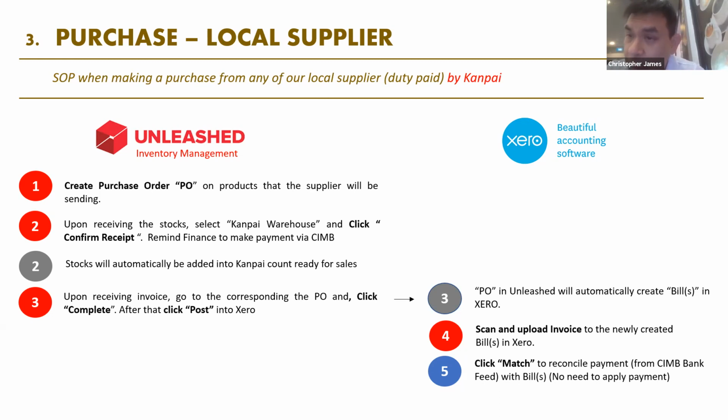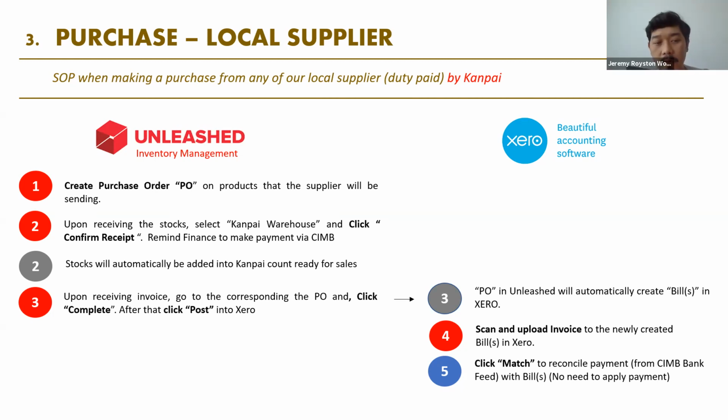You will go and find that PO when you get the receipt, and you just scan and put it up. Okay, so your part is all complete. Every single order you order, you already put into your system. You already attach to the invoice. Full stop. Now, Corinne will be the one who will look at the date and make the payment. And when she makes the payment, she can match that invoice to her bank account. That's it. Finish. Any questions?